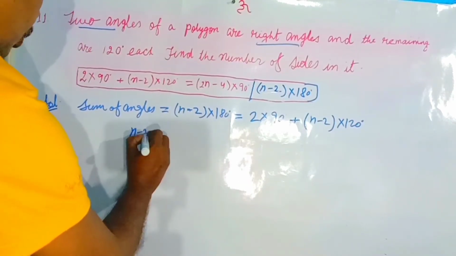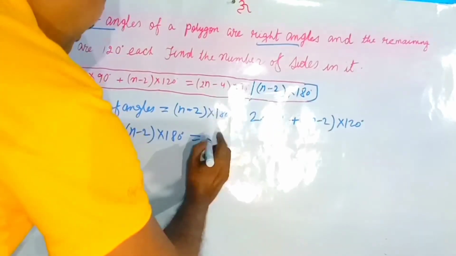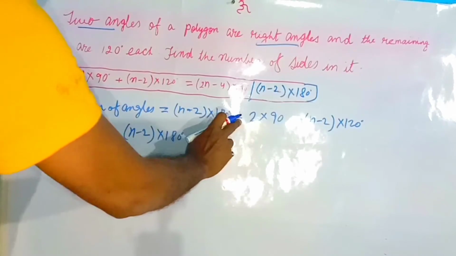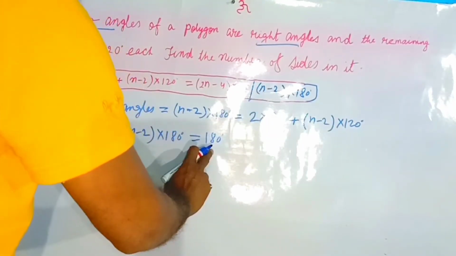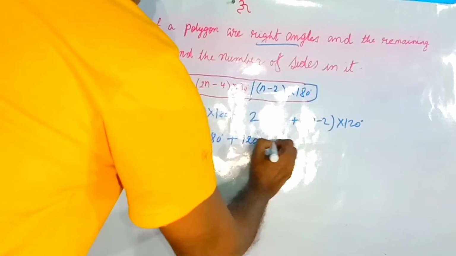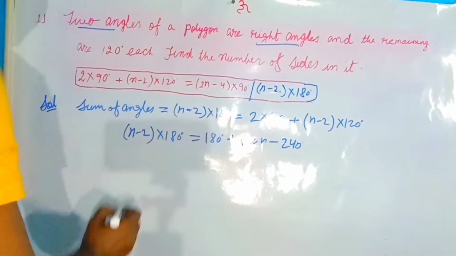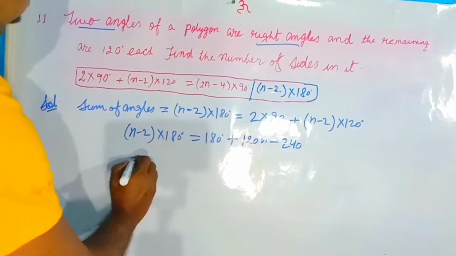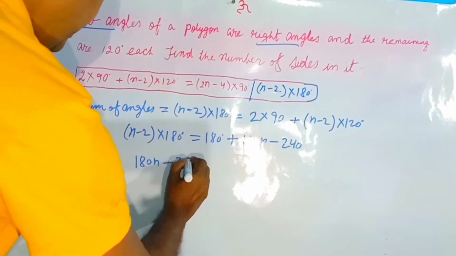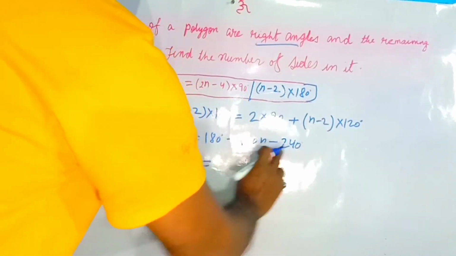Now we can write (n minus 2) into 180 degrees equals 2 into 90, which means 180 degrees, plus 120 into n means 120n, then minus 120 into 2, that will be 240 degrees. Now 180 degrees into n will be 180n, and minus 2 into 180 means 360 degrees, equal to 180 and 240.